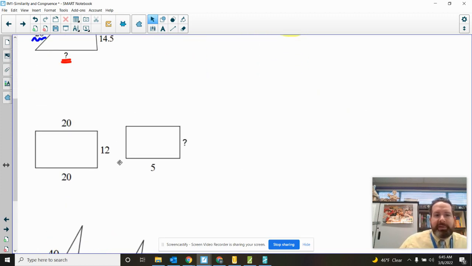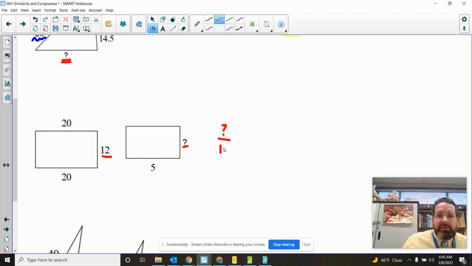Okay, let's go again. This one, I would like you to pause here, try it yourself, and then unpause when you are ready to check. Okay, so I got question mark and 12, and then I've got 5 and 20. Now do a quick check. If question mark is on top of my first fraction, then 5 needs to be on top of my second fraction.